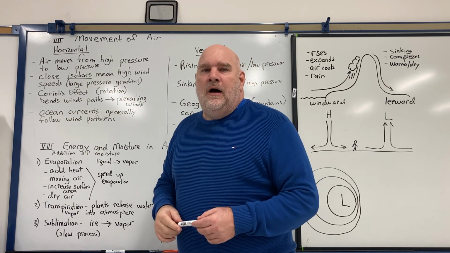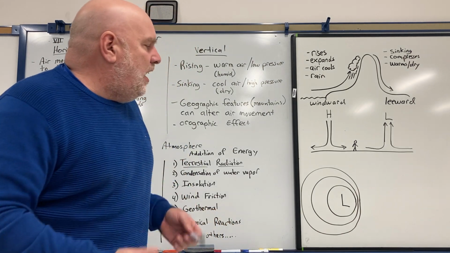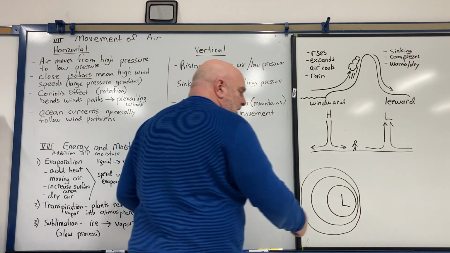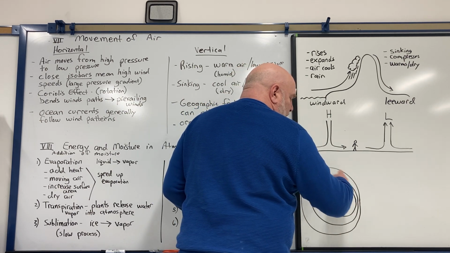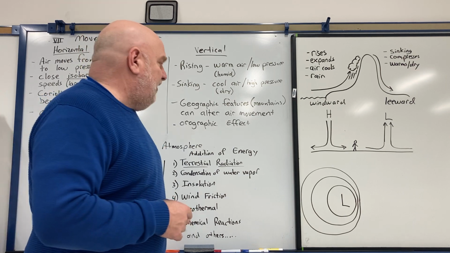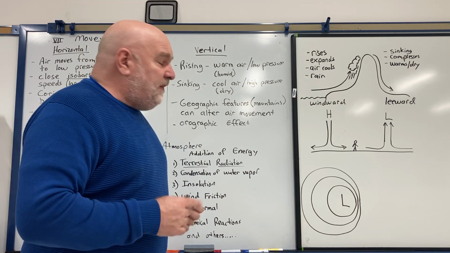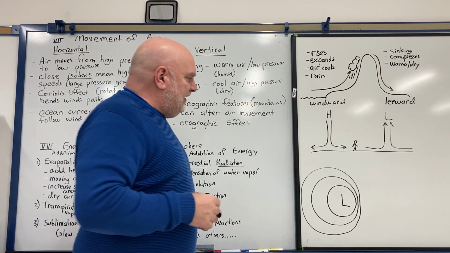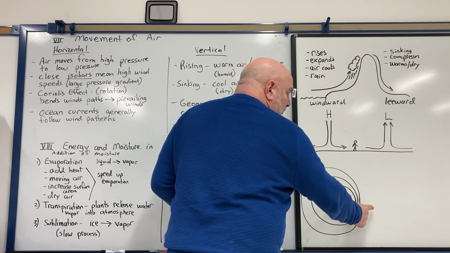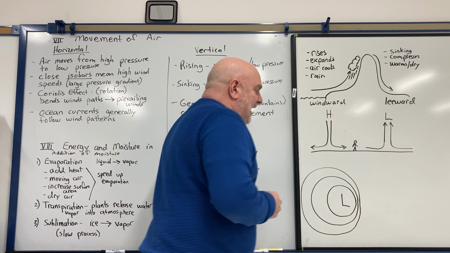Now, on weather maps, when you draw isobars, what you frequently find is that the isobars make circles around high pressure centers and low pressure centers. With those isobars, in some places they are spread apart, and in other places the isobars are closer together.